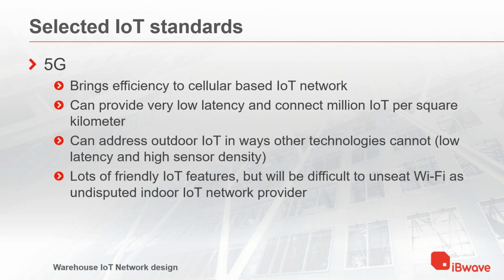Now there is 5G, and 5G brings efficiency to cellular-based IoT networks. And cellular-based IoT network is what we have with those 4G IoT standards that I mentioned earlier, namely NB-IoT and LTE-M and so on and so forth. 5G can provide very low latency and connect a million IoT devices per square kilometer.